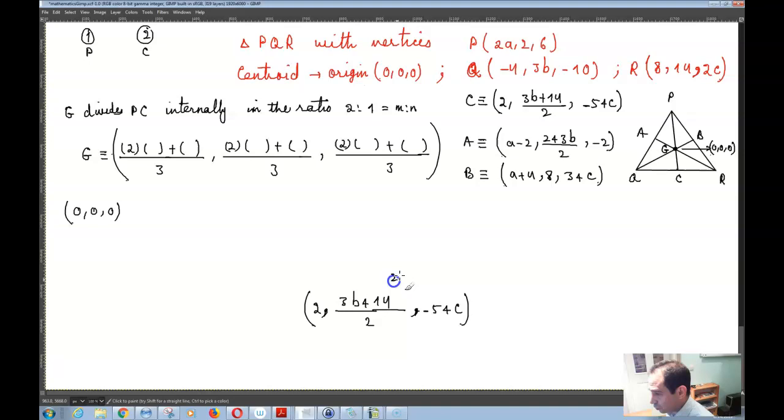So this is point 2 in this formula. Point 1 would be point P, which is 2a, 2, and 6.